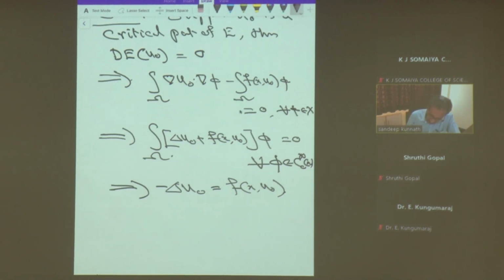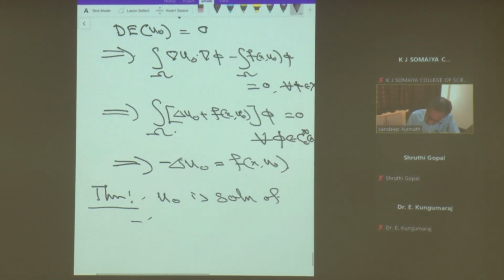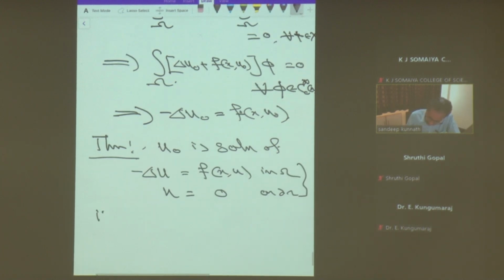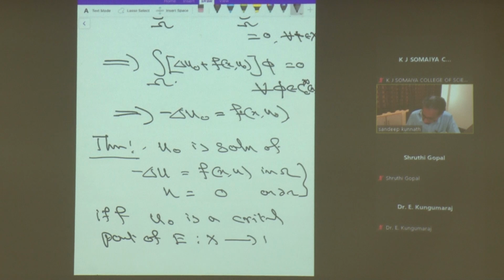In other words, the theorem is that u0 is a solution of minus Laplacian of u equal to f of x u in omega, with u equal to 0 on the boundary of omega, if and only if u0 is a critical point of E, which is defined from X to R. So with this theorem, our problem of solving the PDE reduced to finding the critical points of functions defined on a Banach space.